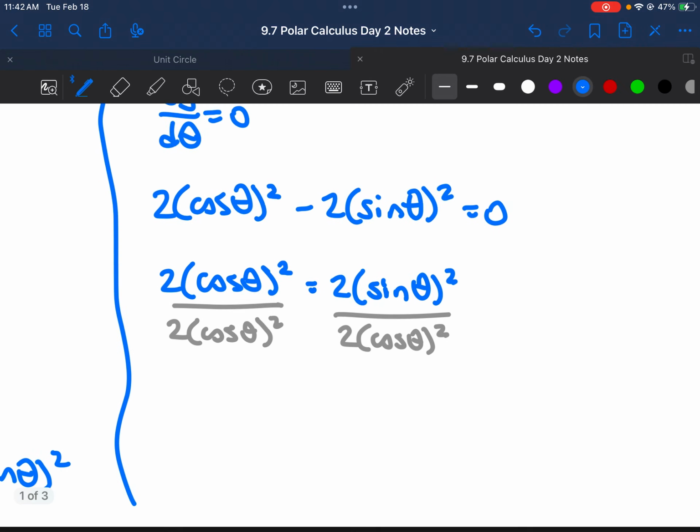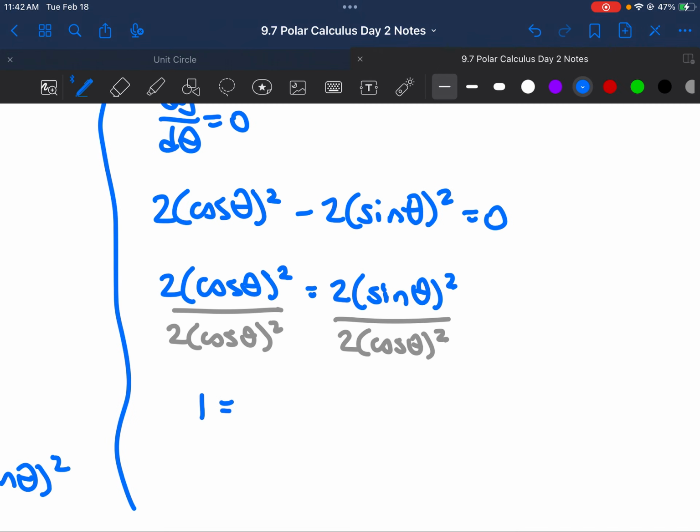So on the left side, we get a 1. On the right side, the 2's cancel. Sine theta squared divided by cosine of theta squared is tangent squared.